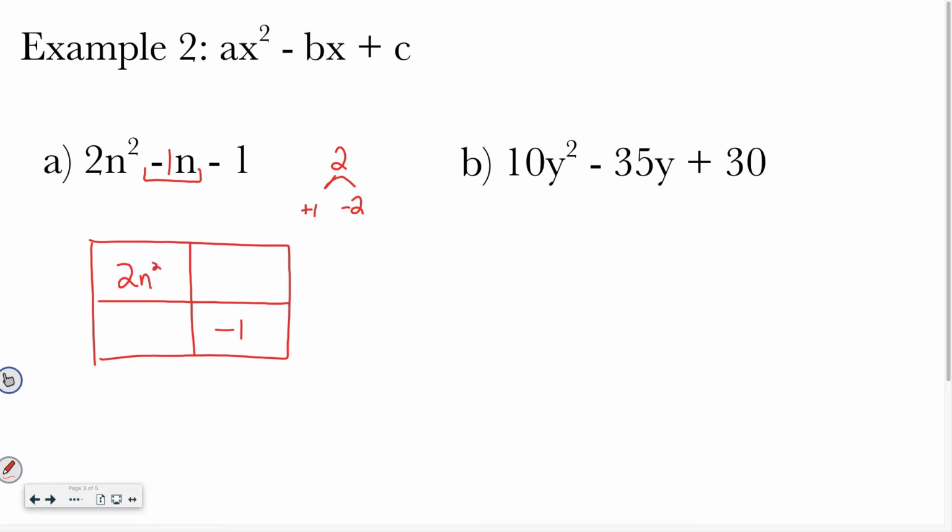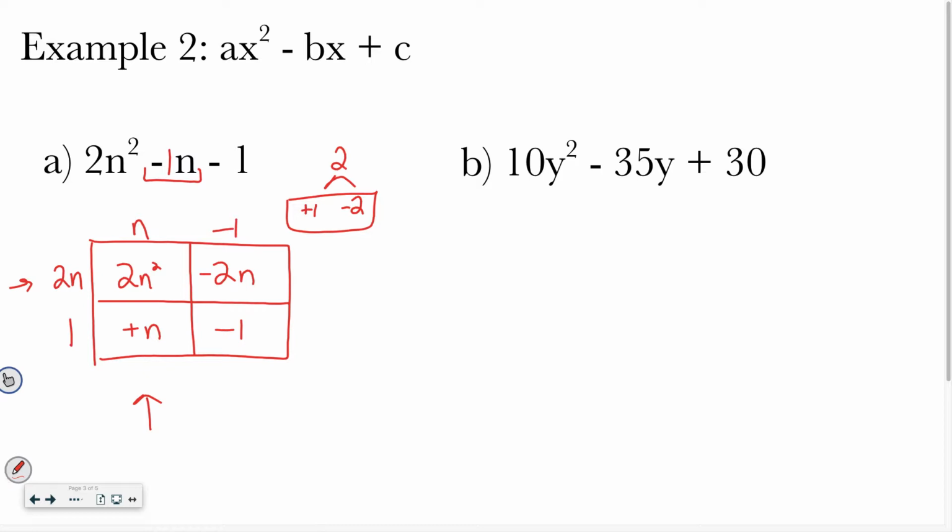And then I need to put in my numbers, my factors. Okay, so I again start with the vertical. I say, what do those two things have in common? They have an n, so I'm left with a 2n over here and just a 1 here. And then if I have a 2n over here on the left, and I want to know what do I have to multiply by to get negative 2n, that would be a negative 1.